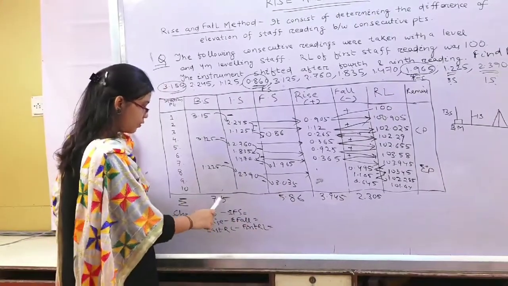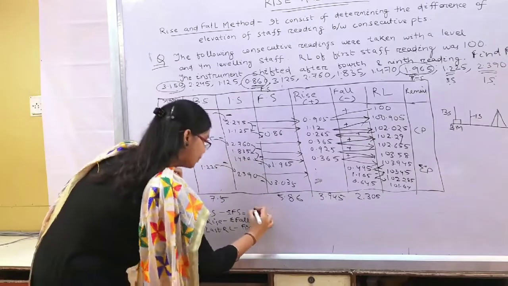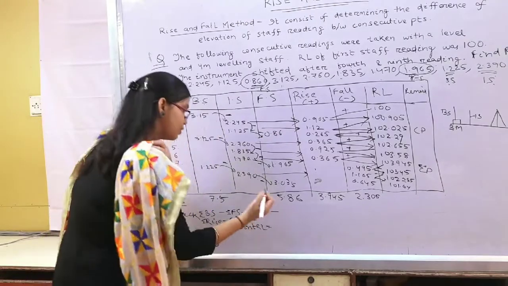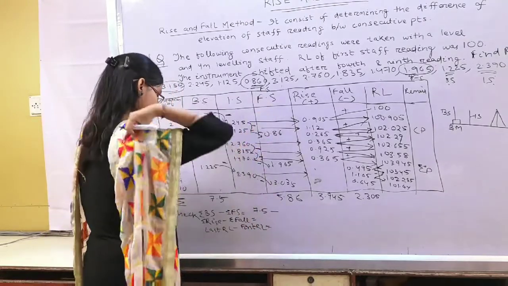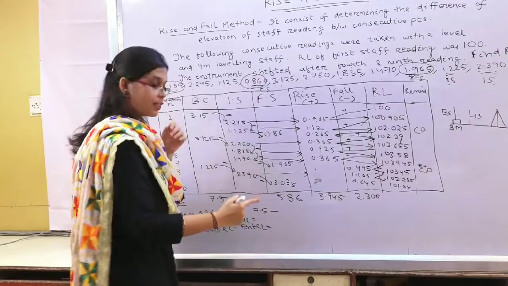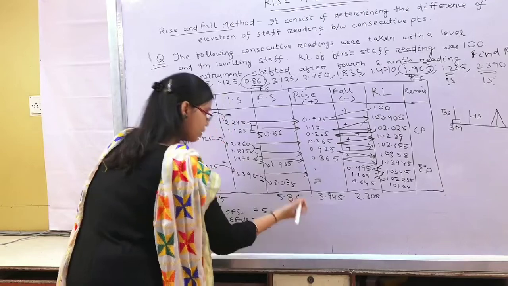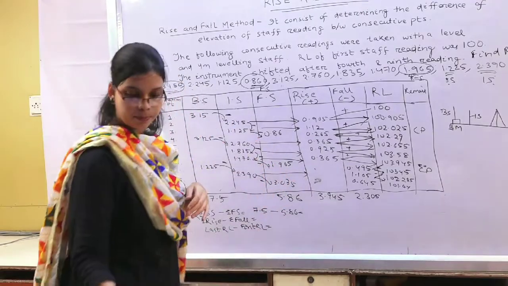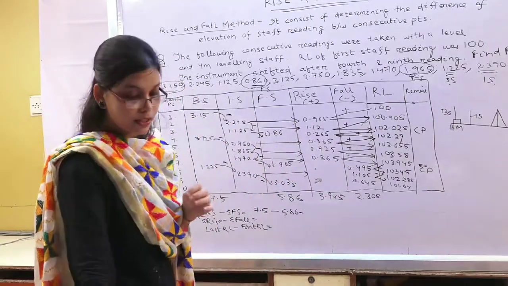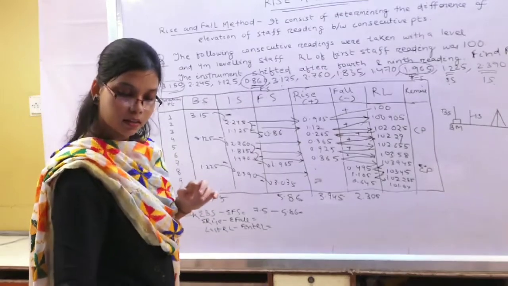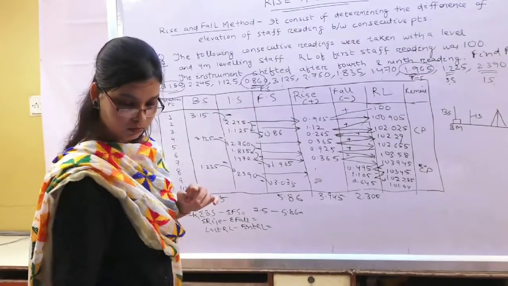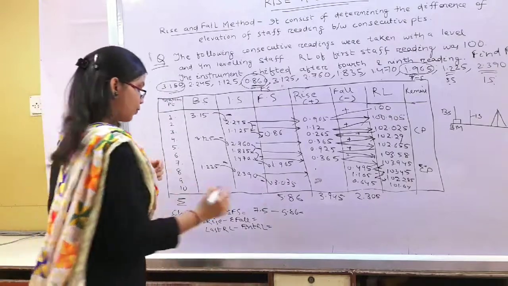The backside reading sum we got is 7.5 minus the foresight reading sum we got, 5.86. Here 7.5 minus 5.86 is 1.64.